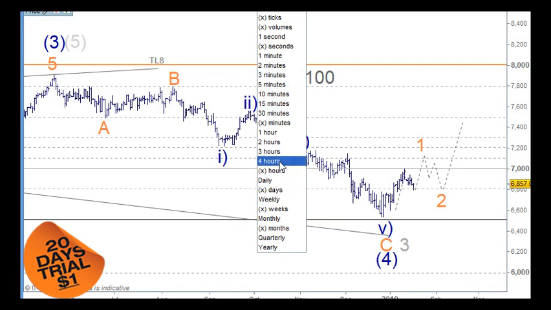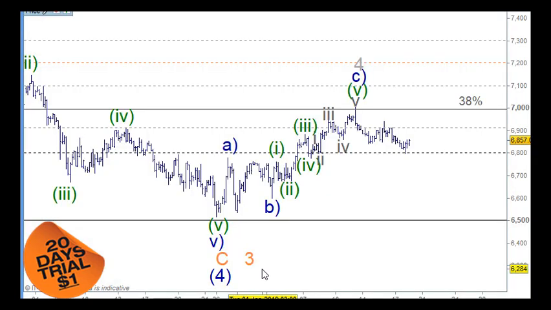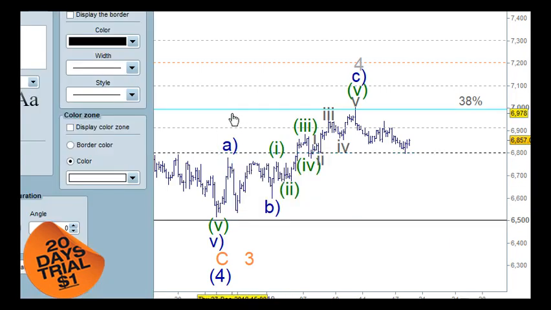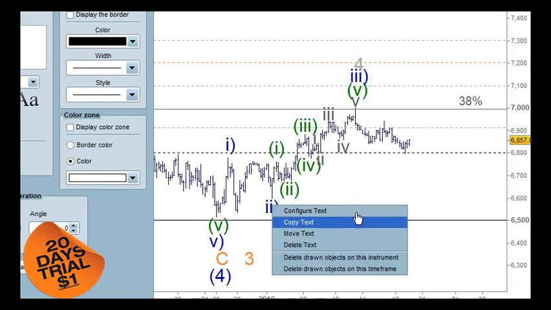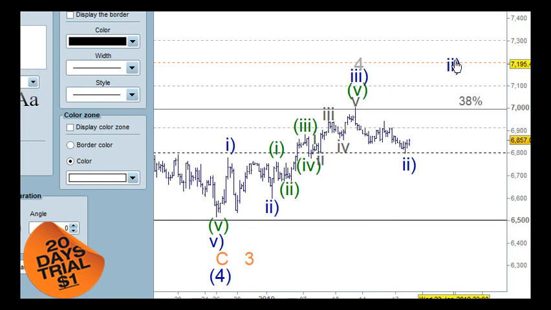And on the 4-hour chart here, I'll need to change this. So I'll just go straight in now and do this. And we can look at this as, did I get that there? Yep. Wave 3 there, and we'll copy that. It's wave 4 and wave 5.